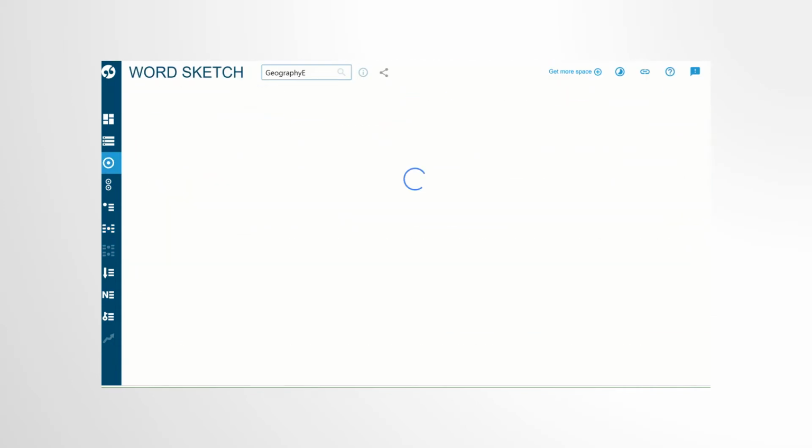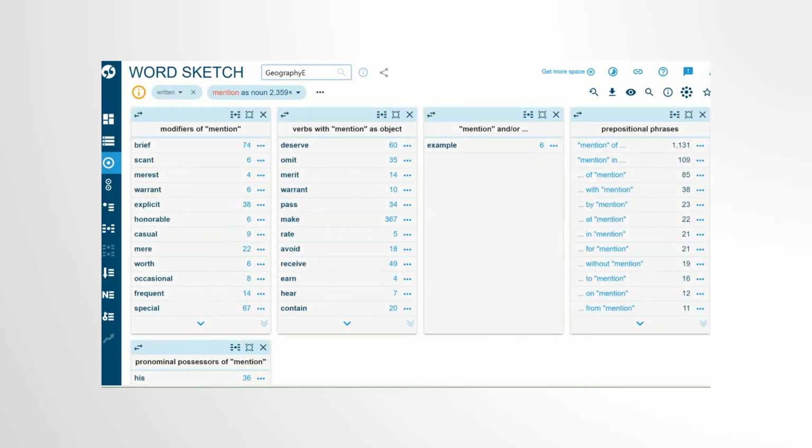Okay, as you can see, we can collect a lot of useful material by starting with an investigation via the word sketch function and then looking at the specific concordances.